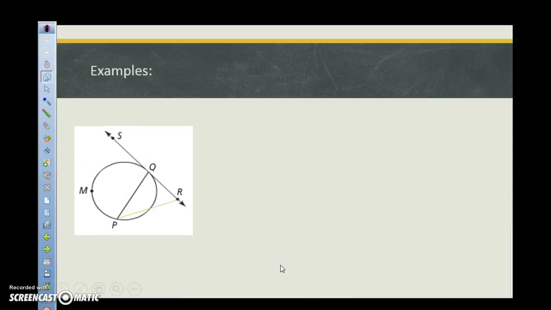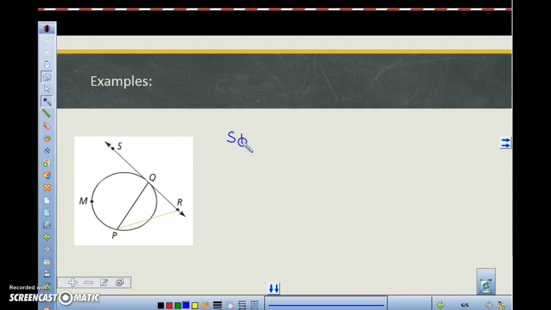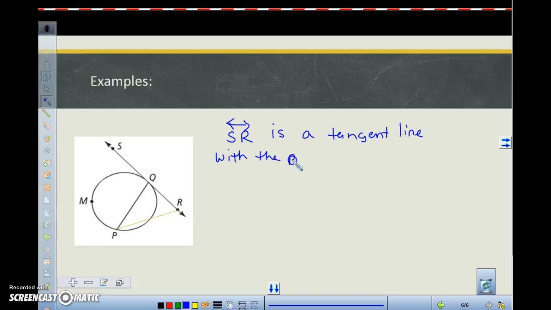Okay? And we're going to have the problem say that line SR is a tangent line with the point of tangency at Q. And QR is going to be, we're going to say, 3, and PQ is 4.